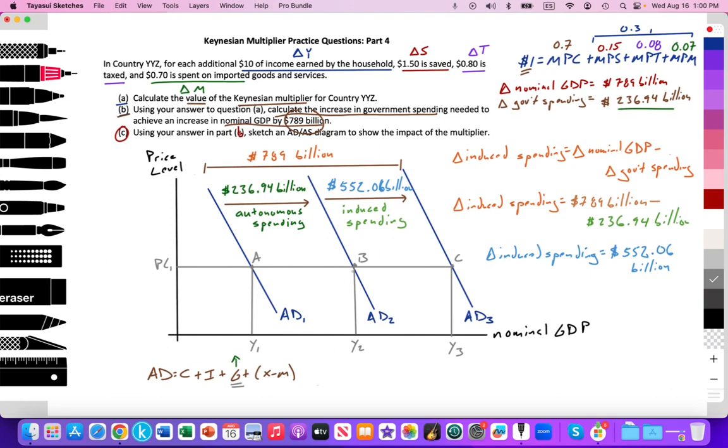Then the multiplier effect takes hold, causing induced spending, shifting AD2 out to AD3 by a value of $552.06 billion, thus achieving a total change in nominal GDP of $789 billion as a result of the Keynesian multiplier, as we calculated before, the Keynesian multiplier being equal to 3.33 as calculated in the previous questions.